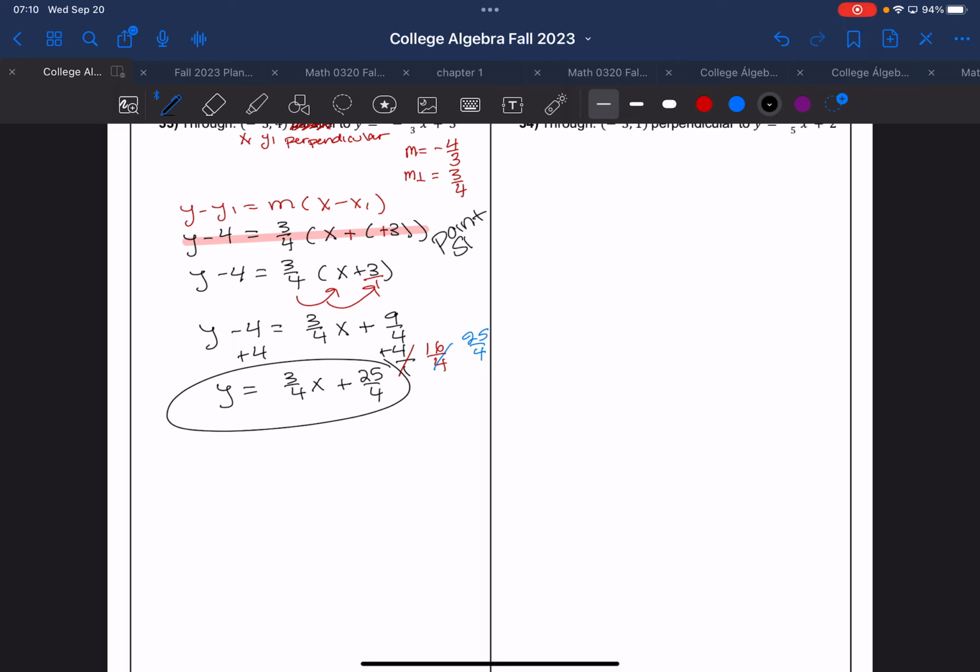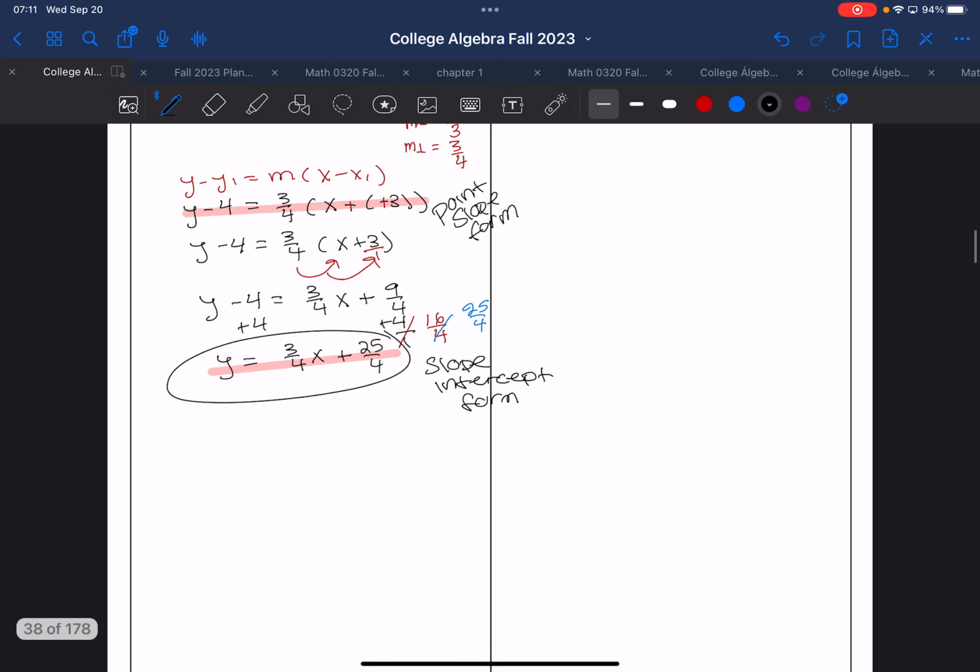So remember, there are 3 forms. The form that we just found is what form? Slope intercept form. And then the last one I want to find is standard form. So you will have problems like this on the exam. Yes?